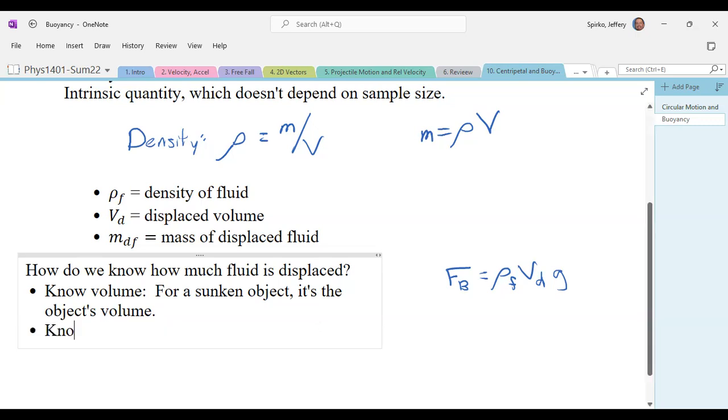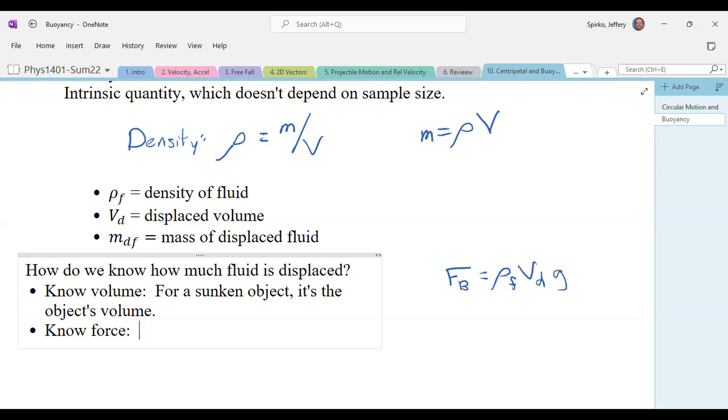Or you could do a backwards calculation. You could know the amount of force that's involved. For a floating object, like a block of wood that is thrown into water, it kind of determines exactly how deep to float in the water. And only the portion of the block that's actually under the surface counts as displaced volume.